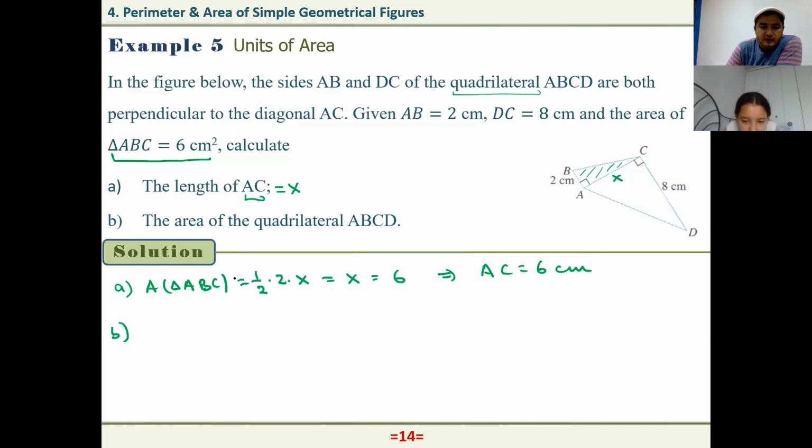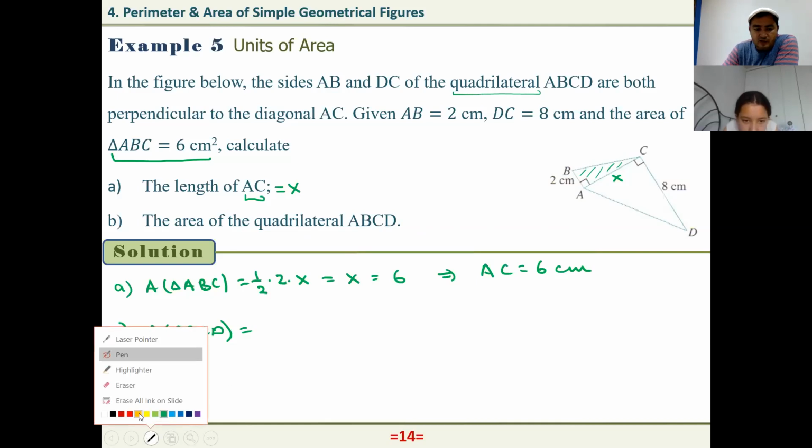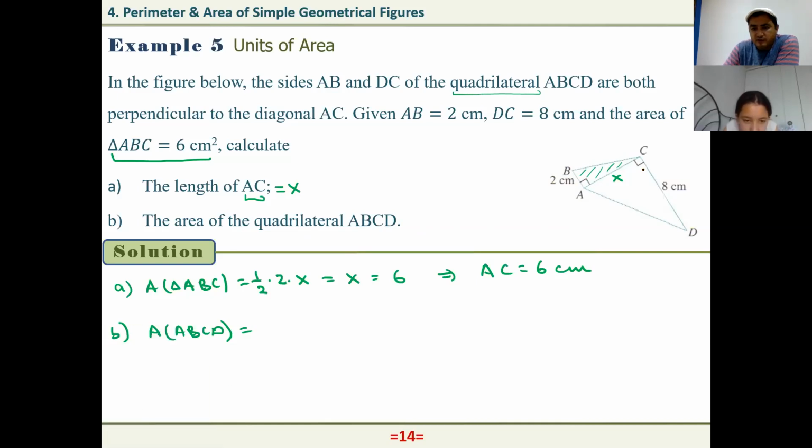Question B, it says the area of the quadrilateral ABCD. And how do you find the area? The area of quadrilateral ABCD is equal to the area of this triangle plus the area of this triangle, right?